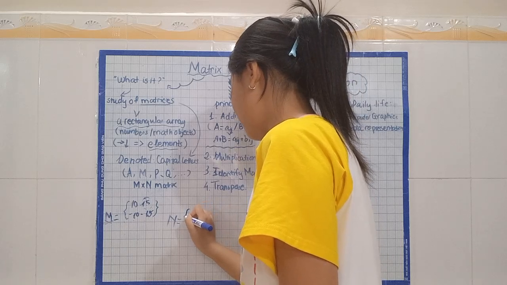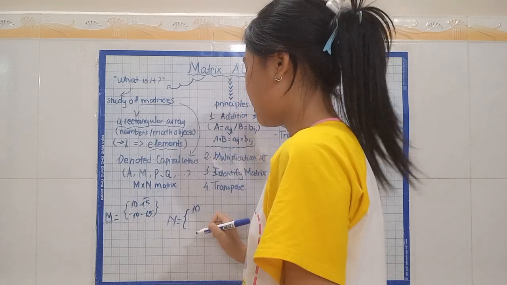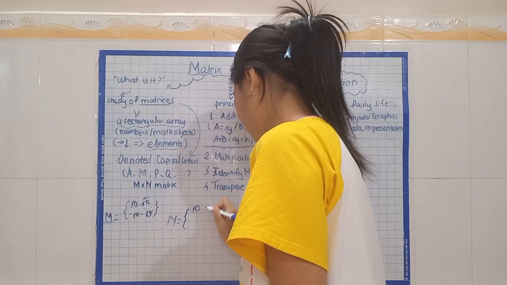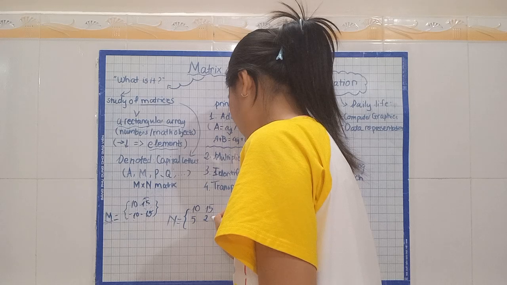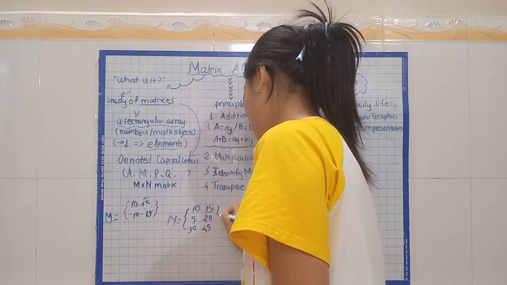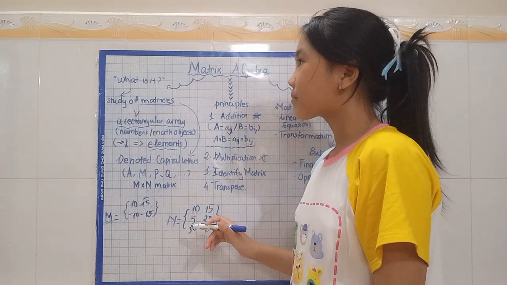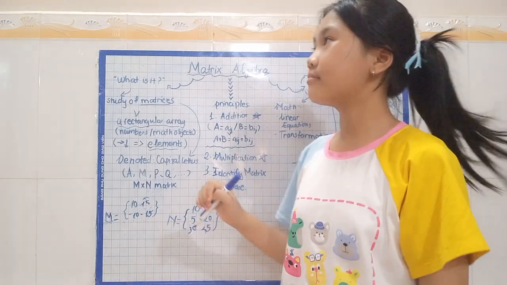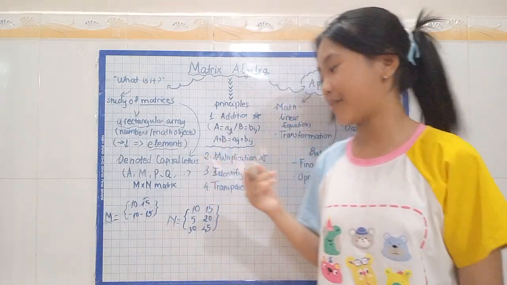Matrix N equals, alright, so let me put out the numbers. Alright, so this is our matrix. Pretty easy, and this is a 2 times 3 matrix. No, a 3 times 2 matrix, I'm sorry for that.